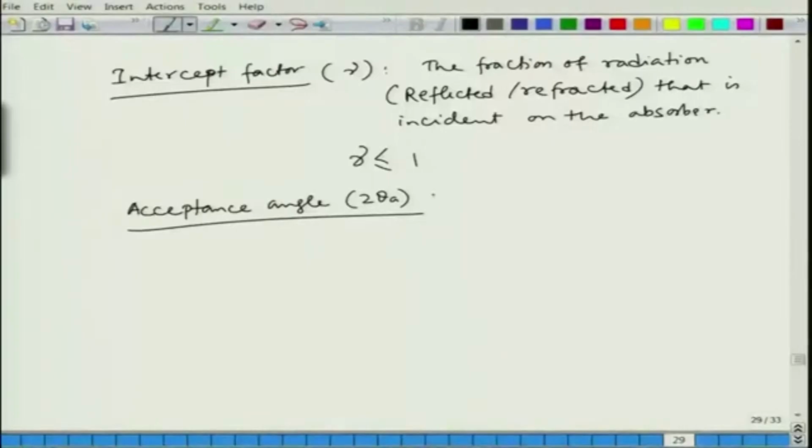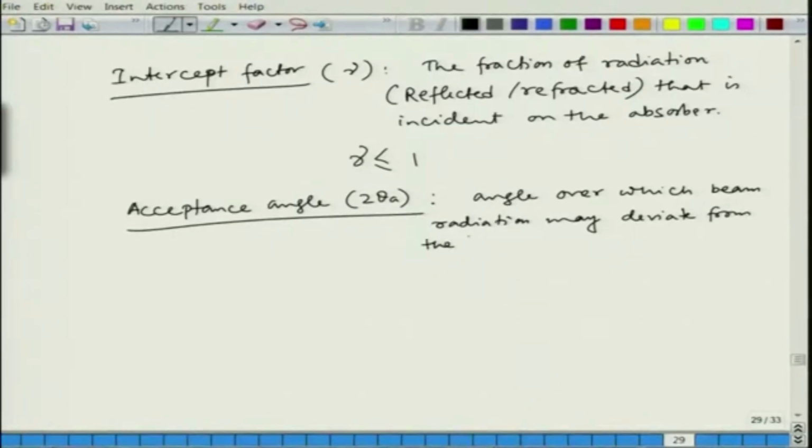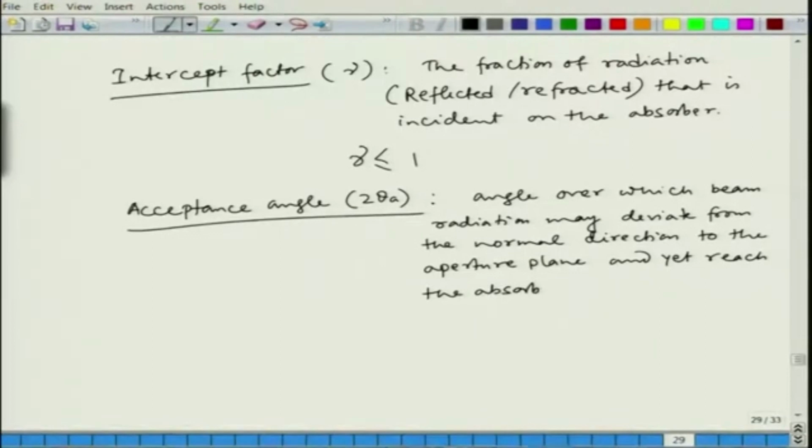So, acceptance angle is 2 theta A. So, it is the angle over which beam radiation may deviate from the normal direction to the aperture plane and yet reach the absorber.